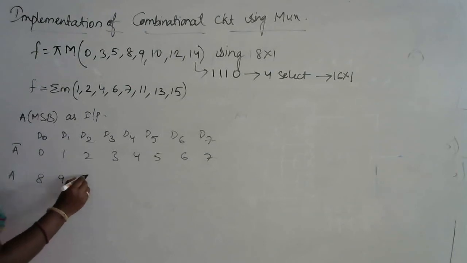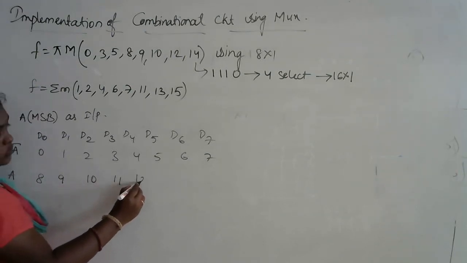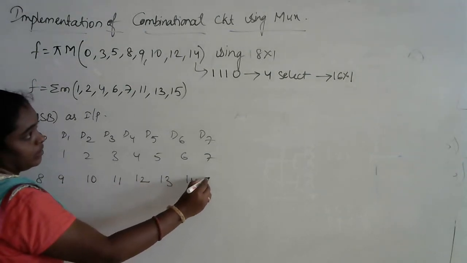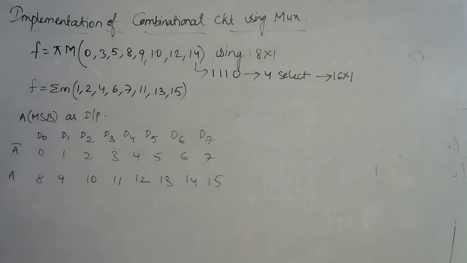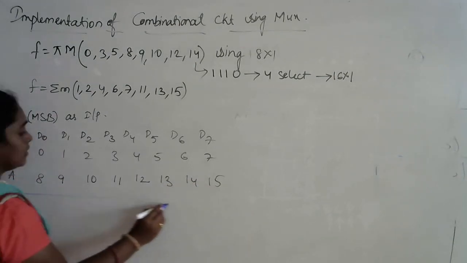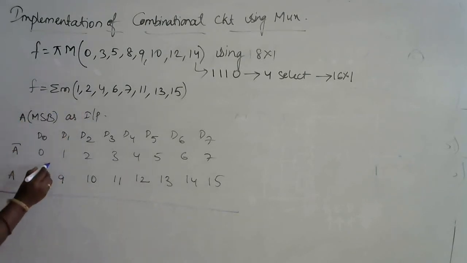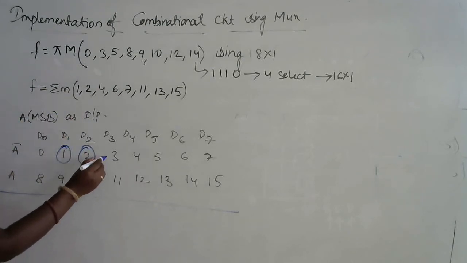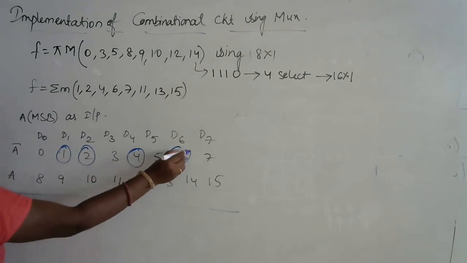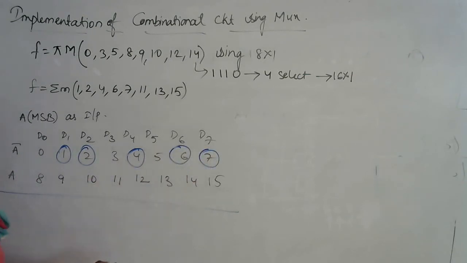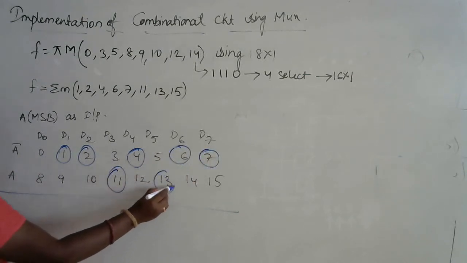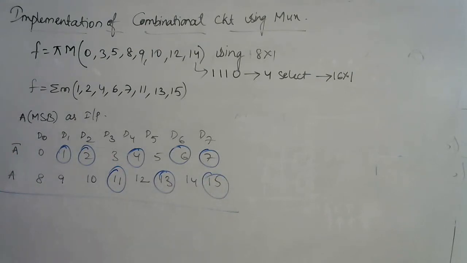This is 8, 9, 10, 11, 12, 13, 14 and 15. And whichever numbers are there in the question, just circle those numbers. So the SOP is 1, 2, 4, 6, 7, 11, 13, 15.